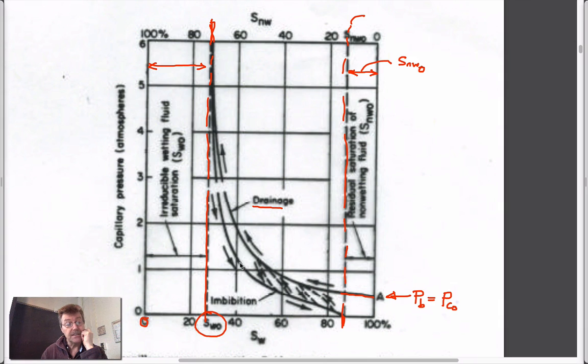We made the case that these things are hysteretic, so they don't go up and down on the same trajectory because one has been pre-wetted or pre-dried. And if we stop part of the way in between, then we go across what we refer to as scanning curves to go from one major curve, the drying curve, to the imbibition curve. It's imbibition because it's almost spontaneous.